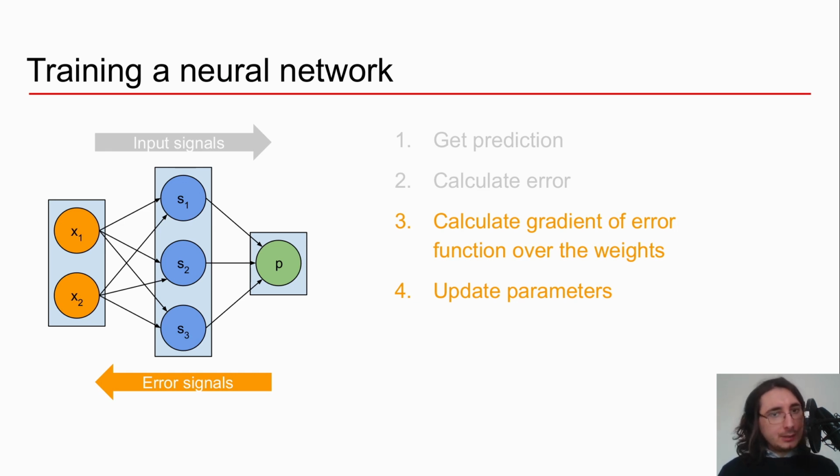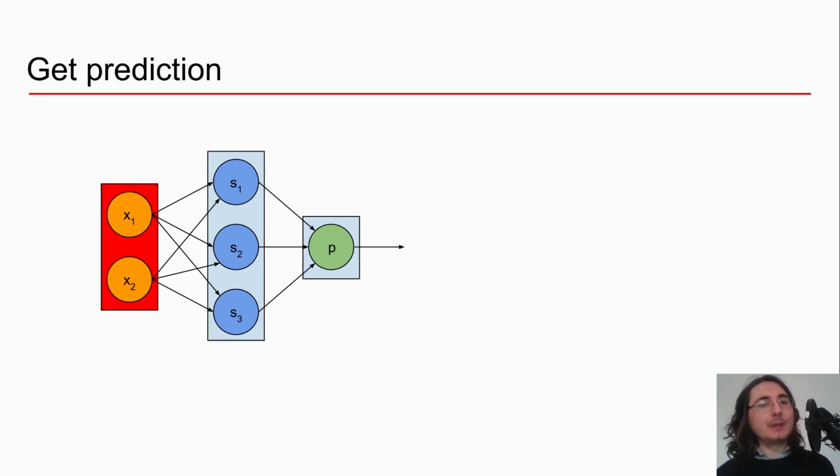Cool. So now I'm going to go one by one through all of these steps and explain them and explain the math behind them. So, get prediction. We saw this already. We have a previous video where I went through how to calculate computation in neural networks.